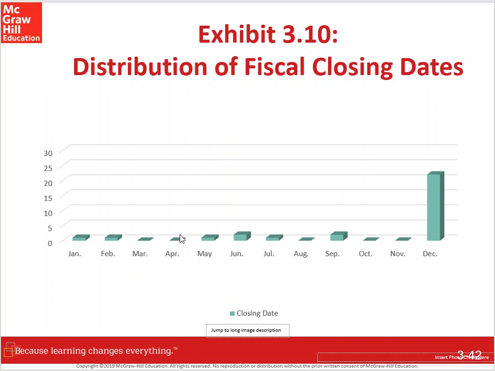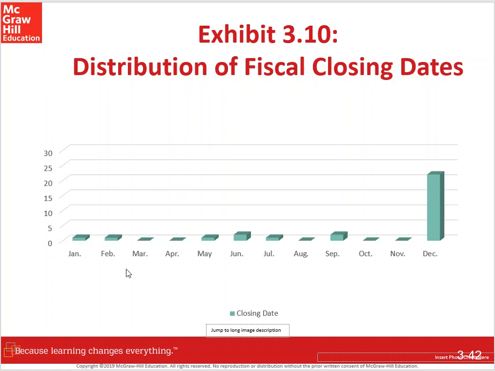Obviously, that's not extremely common, but the reason some companies choose to do these things is because of their business cycle and also the seasonality of businesses. A lot of businesses are super busy during December and January, so it's not a great time to work on year-end things. There's a lot of work that goes into year-end in December, and then a lot more work that happens in January. So a lot of retailers choose not to use a calendar year end.